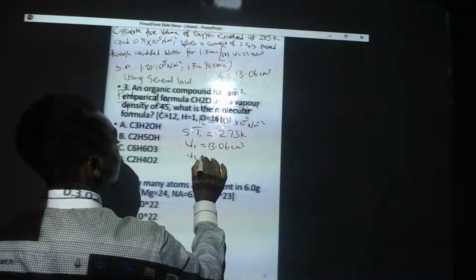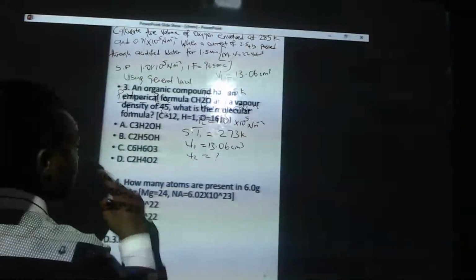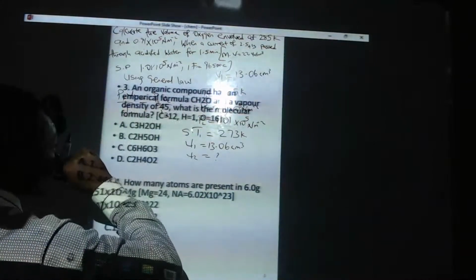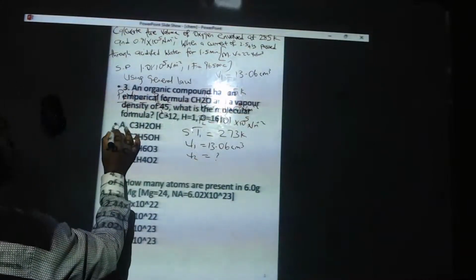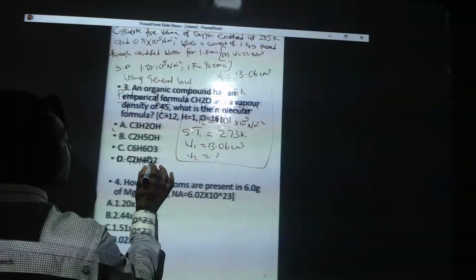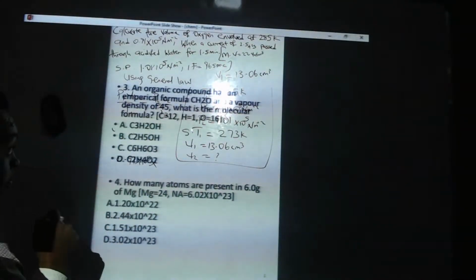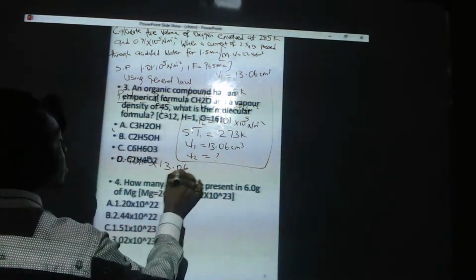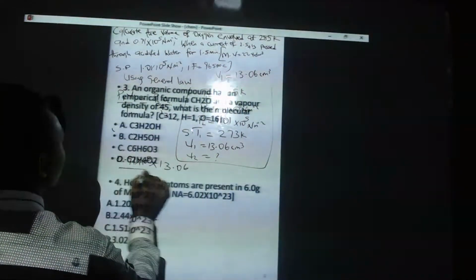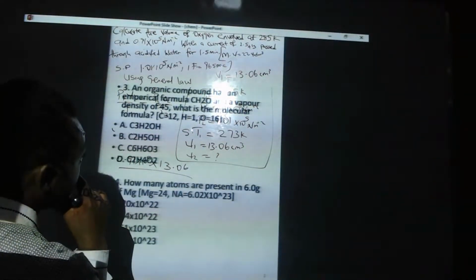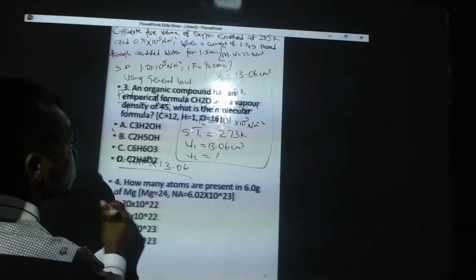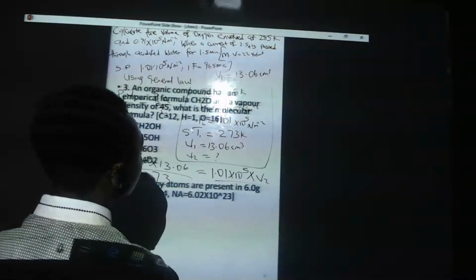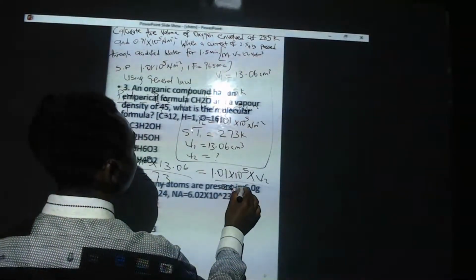So what we are asked to find is the second volume, which is the volume of the oxygen involved. Now, P1V1 over T1 equals P2V2 over T2. So now your P1 is 0.91 times 10 to the power of 5, multiplied by 13.06, all over your T1 which is 273, equal to P2V2 over your T2 which is 285.